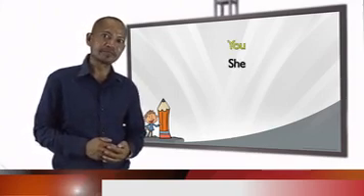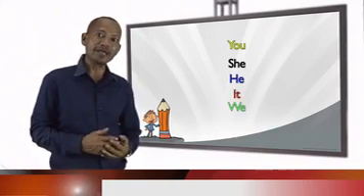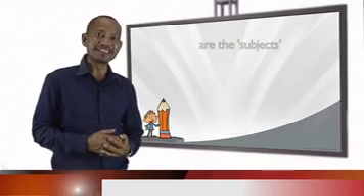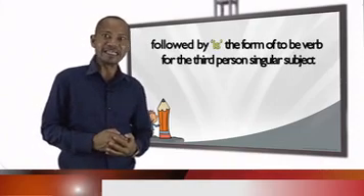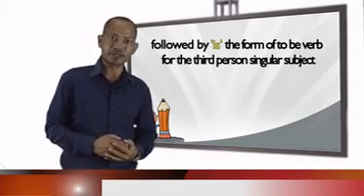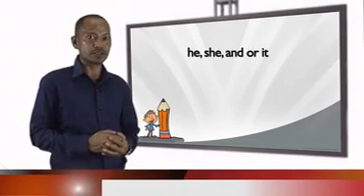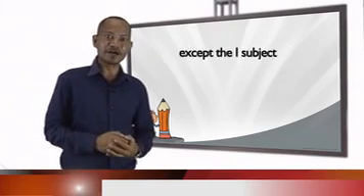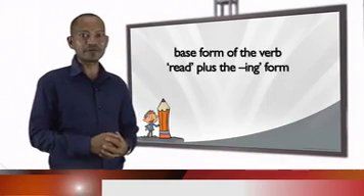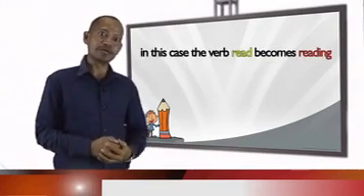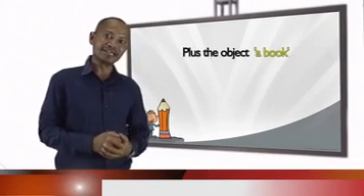You, she, he, it, we, you, and they in this case are the subjects, followed by is, the form of the to be verb meant only for the third person singular subject, as in he, she, and it, and then are, the form of the to be verb meant for any other subjects except the I subject, plus the base form of the verb read, plus the ing form, where the verb read becomes reading, followed by a book, in this case the object.